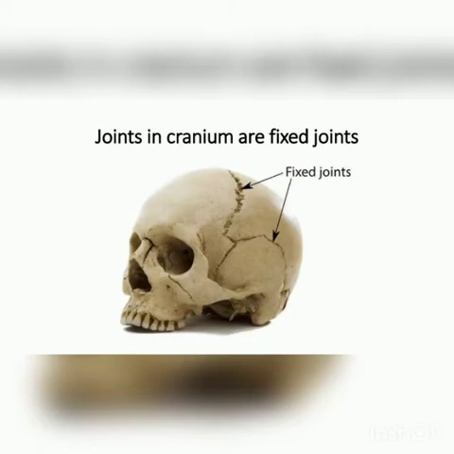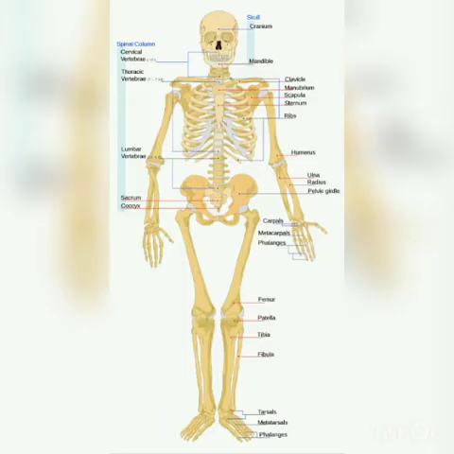All the bones of our body form a framework. Including the skull, all the bones of our body form what? The skeleton. In the case of a newborn baby, we already studied there are 300 bones.